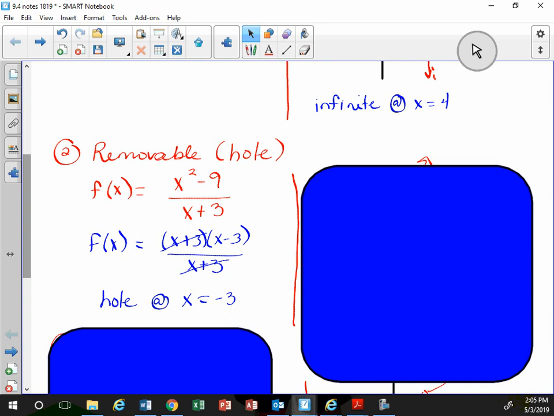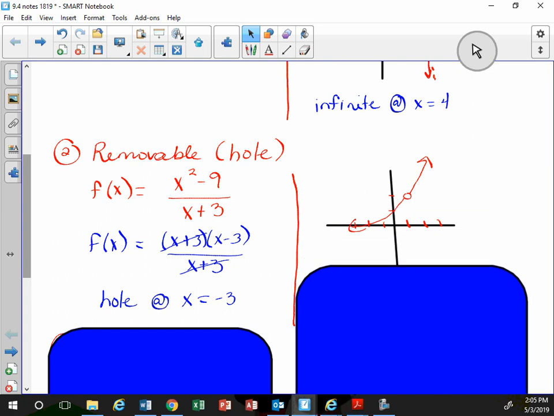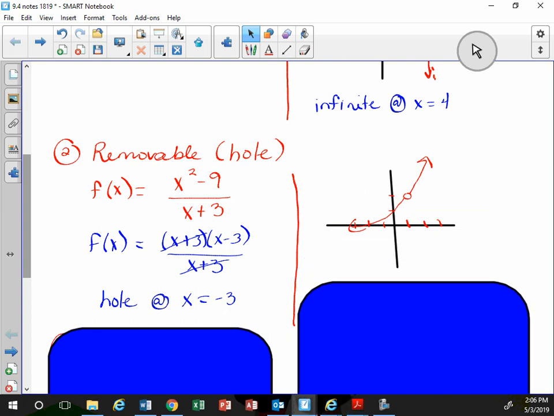Okay. Now, graphically, you might see something like this. So for discontinuities, I'm not going to ask you to write the equation.